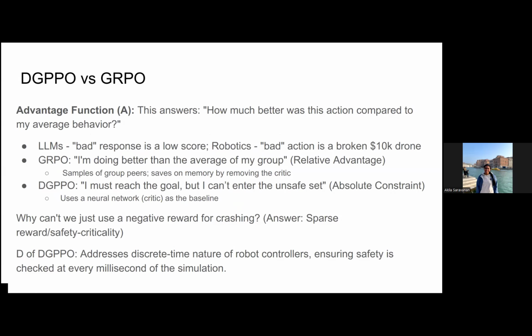Okay. So in these PPO models, both for DGPPO and GRPO, exactly like what was being said, we think about value in a slightly different way, right? They call it an advantage function, capital A. What we care about is how much better this action is compared to the average behavior of your current model.